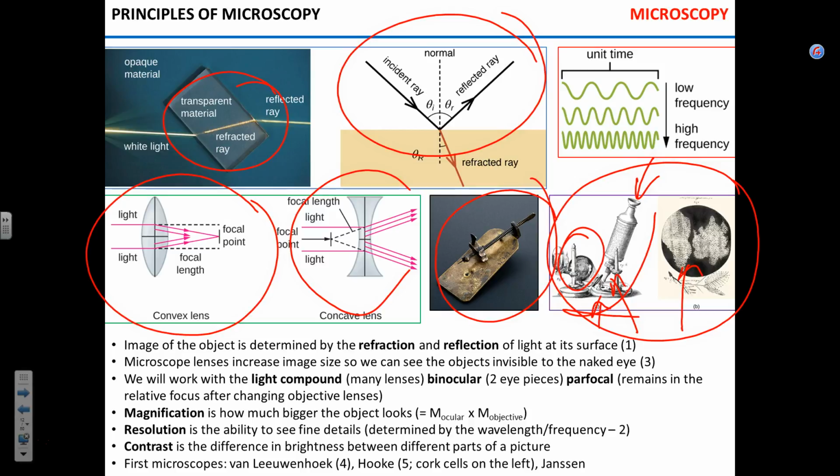Now Leeuwenhoek, he was a glass master. When he designed his microscope, what was the first thing he looked at? Any ideas? Nothing fancy, trust me. Quite the opposite. That was Hooke. Leeuwenhoek looked at something, I'd say more nasty.